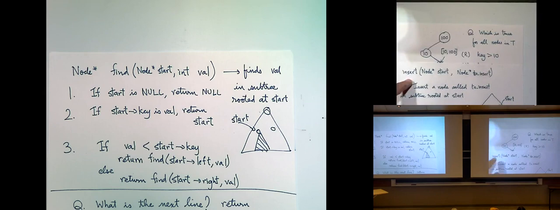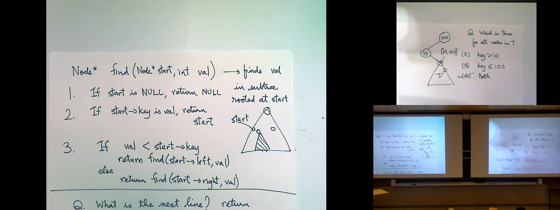Technically, if you were to do it using object-oriented programming, you'd probably make this a private method and only expose the public method that calls at the root. That way you could maintain the property.